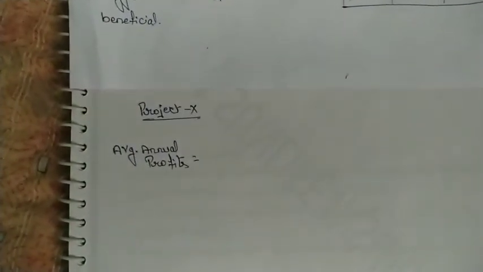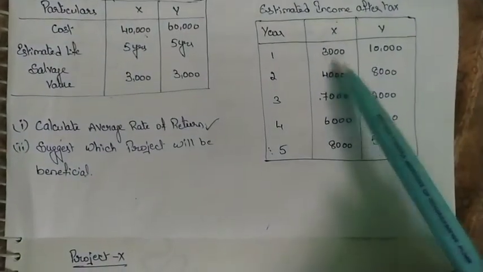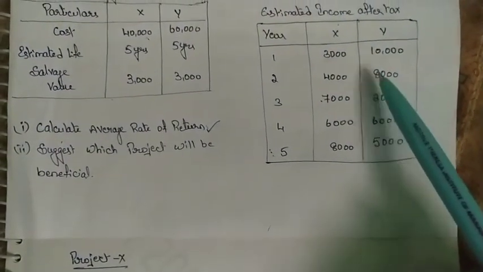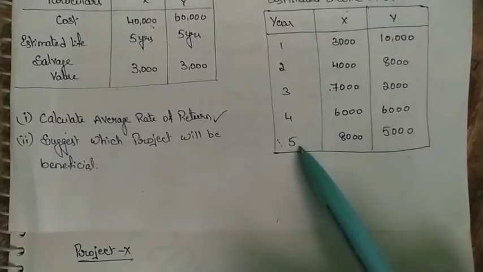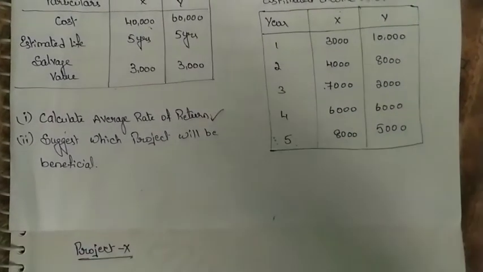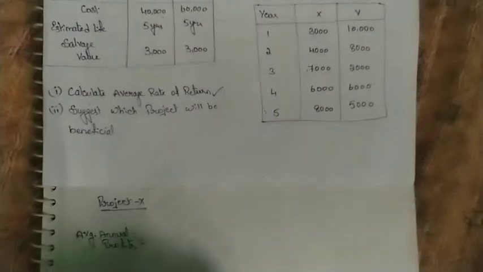The formula for average annual profits is total profits divided by number of years. Here they have given the total profits for both the projects. So the sum of all these profits divided by the number of years gives the average annual profits.